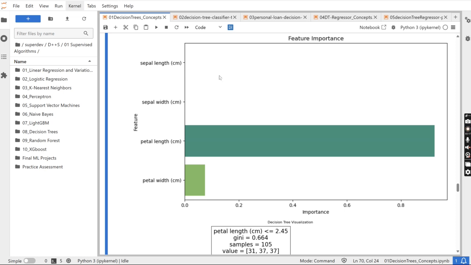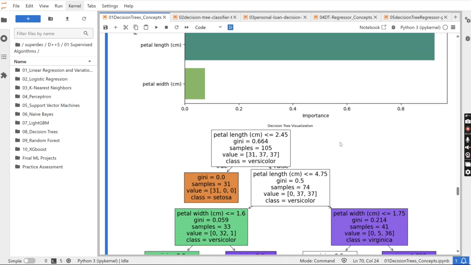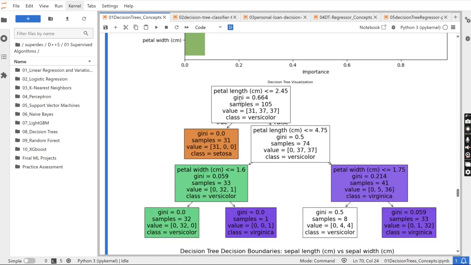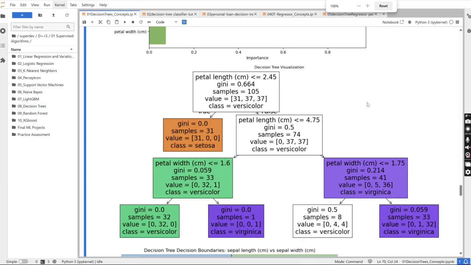If you notice the feature importance, petal length is the determining factor. Sepal width is not contributing, sepal length is not contributing. Petal length and petal width are the contributing factors. So how has the split happened? At each level, you can see Gini has been calculated. The first split on petal length it has decided is 2.45. And how did it decide? Very simple.